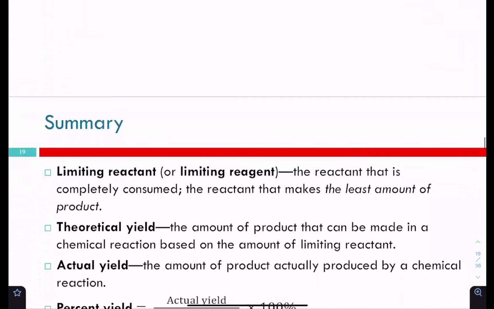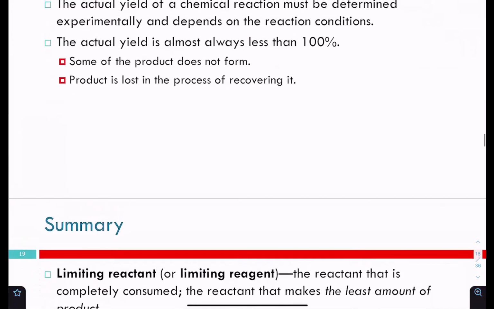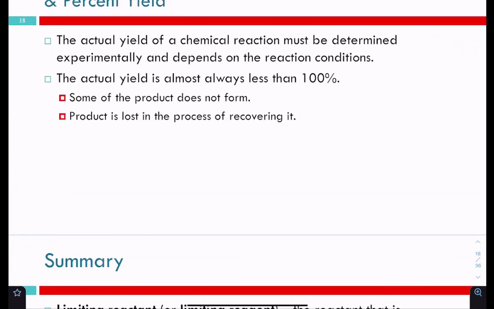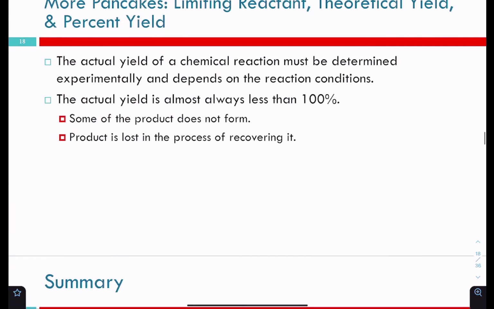What's the summary slide? I'm going to give you a slightly different summary first. So these 3 things, limiting reactant, theoretical yield, and percent yield, are all tied together. You use the limiting reactant, and that tells you what your theoretical yield is.